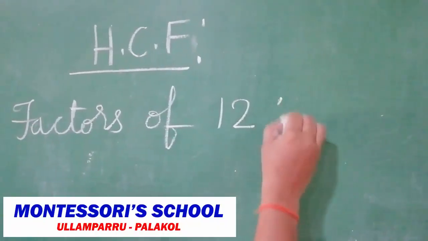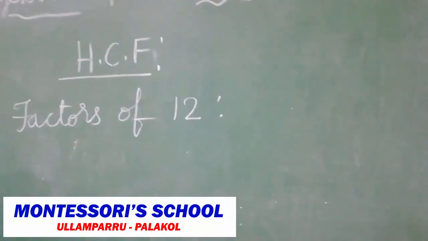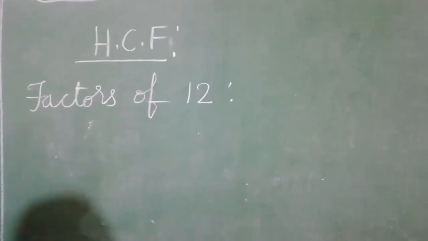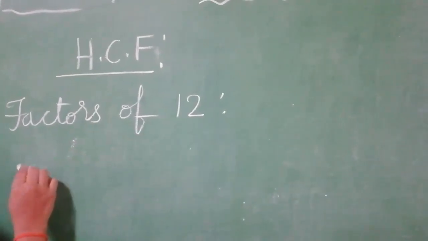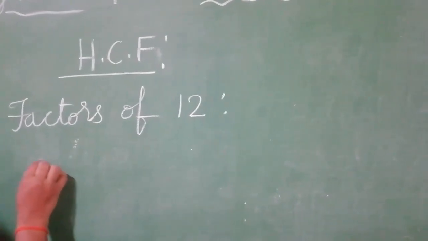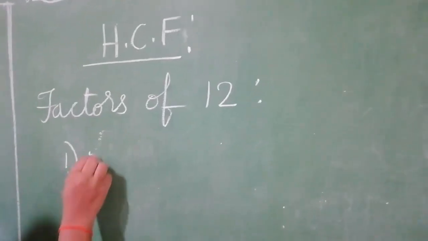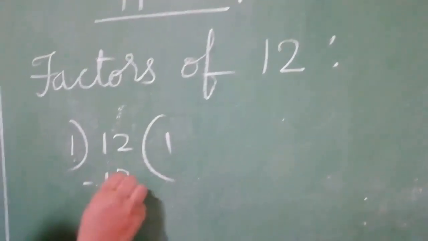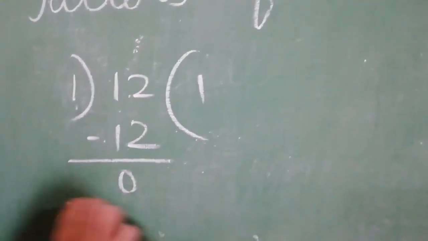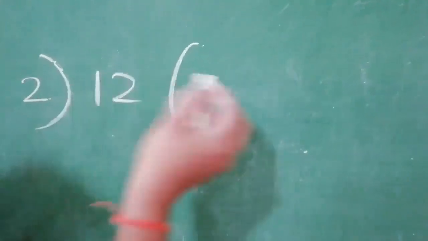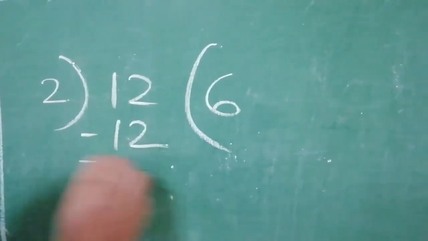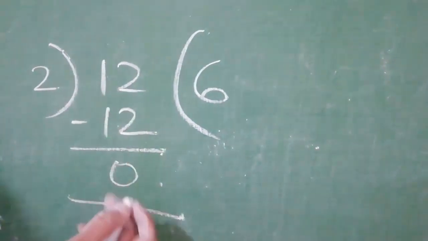Factors of 12. Now check it. See, this is the way to find the factors. First we take 1. 1 12s are 12. 12 minus 12 is 0. 1 is a factor of every number. Next take 2. 2 6s are 12. 12 minus 12 is 0.